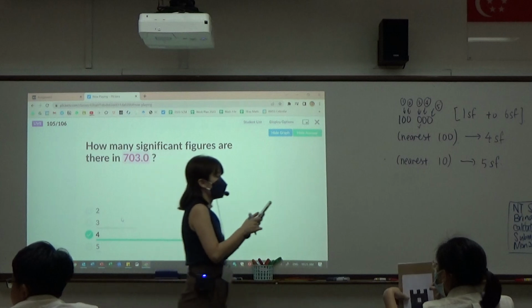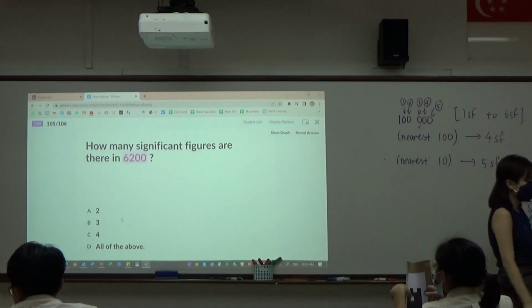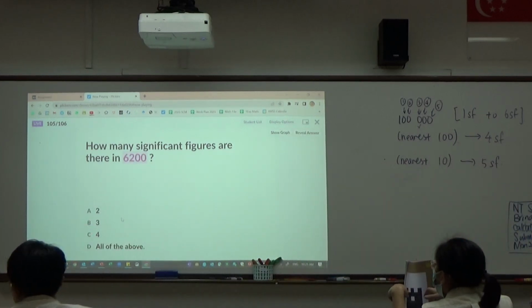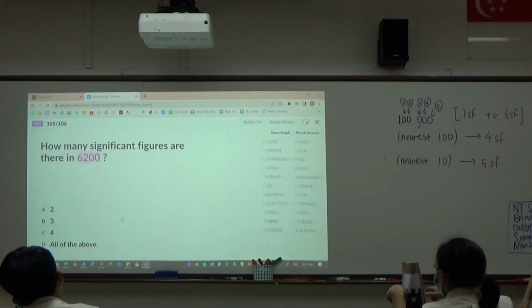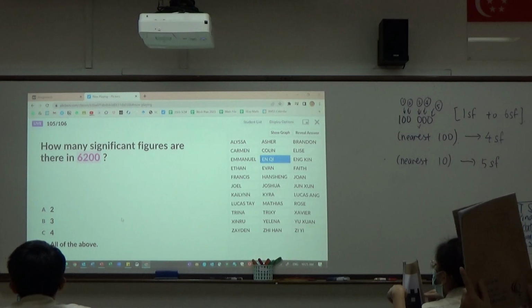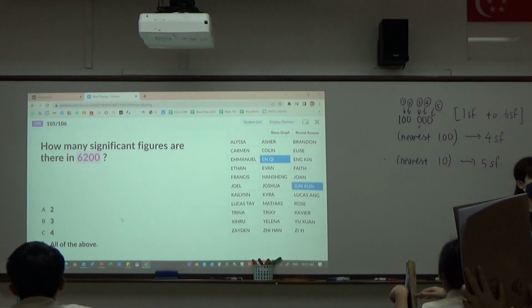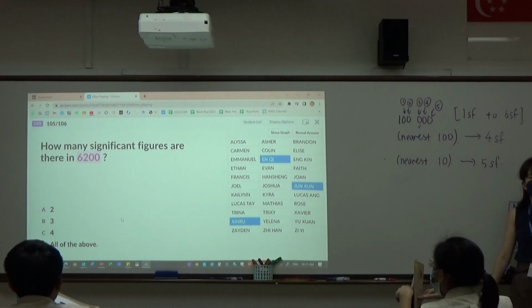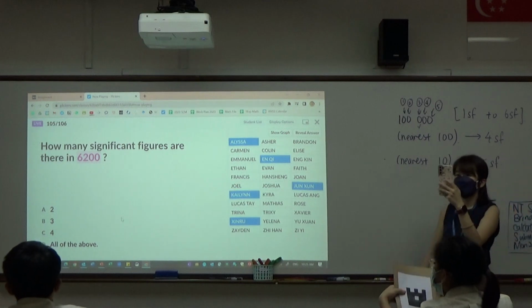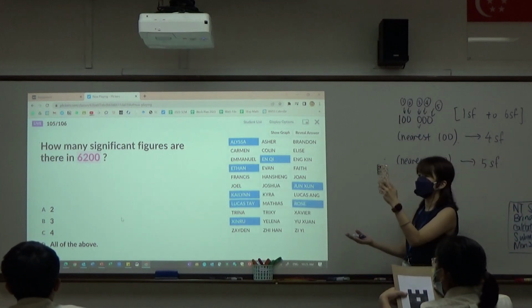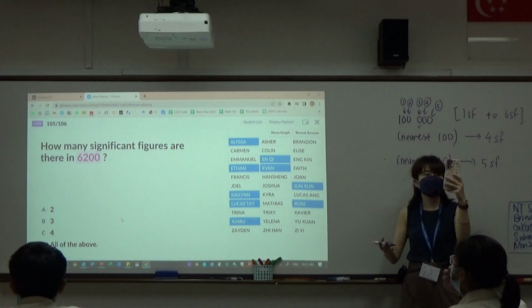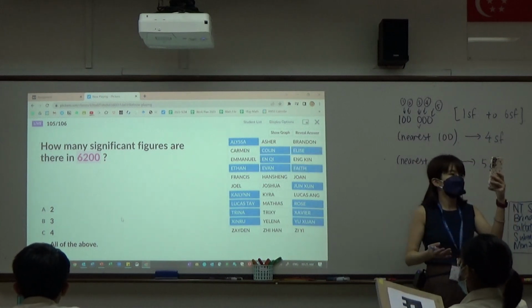Okay, last question. How many significant figures are there in 6,200? That means it can be 2, 3, 4. Indefinite. That means there are many possibilities, right?